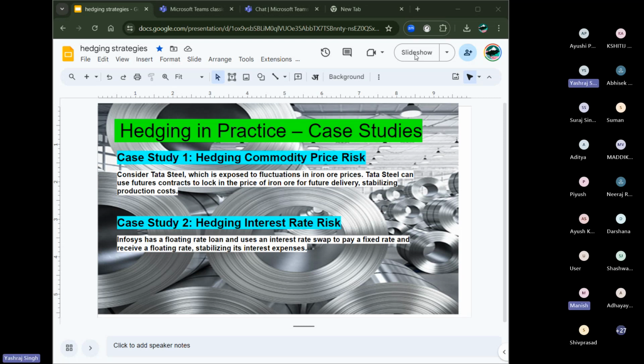Do note it down. And regarding delta hedging, we will be looking into the hedge ratio as well, because when we have to take care of hedging with futures, we need to know how many futures we need to go for. Let's say my future is moving only like 50% of what my spot is doing.